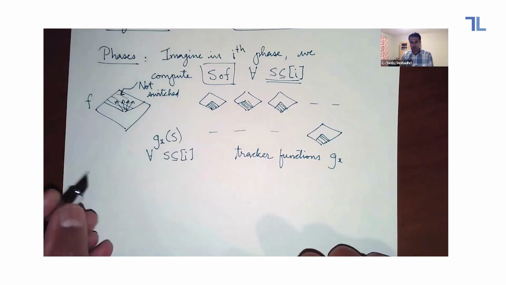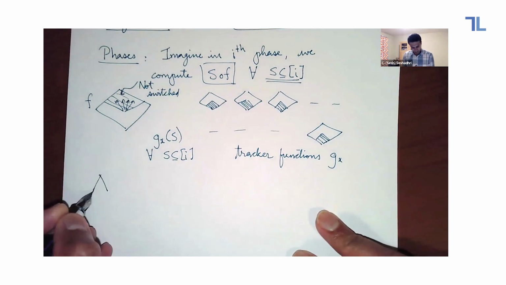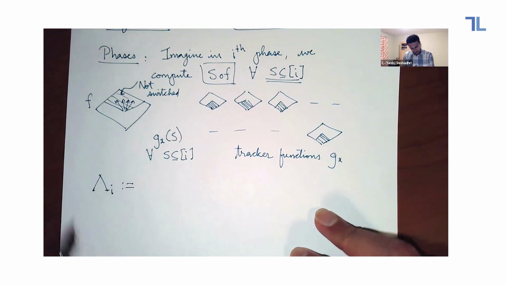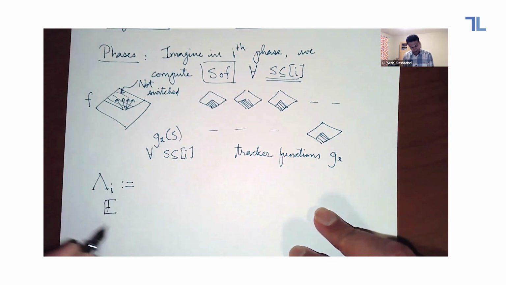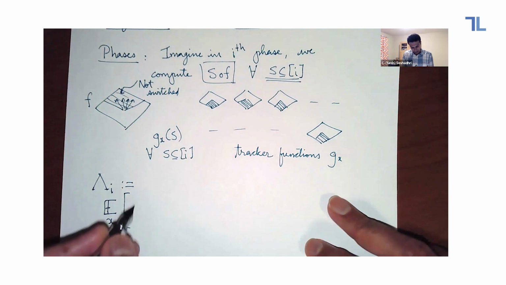I'm going to define a particular potential, which I will refer to as lambda I. This is the potential of the ith phase. It's a long, somewhat complex expression, but once we parse it, we'll understand what's going on. I'm going to take the expectation over all x, just like standard Talleyrand, and look at all subsets of the first I coordinates.